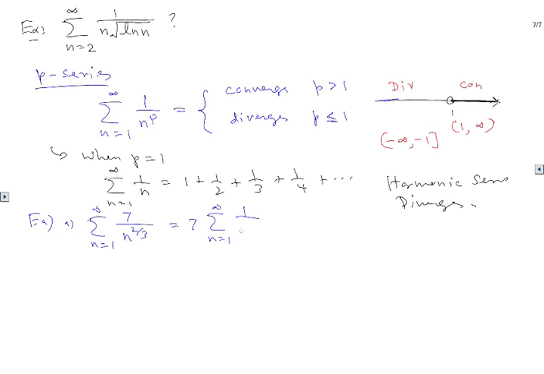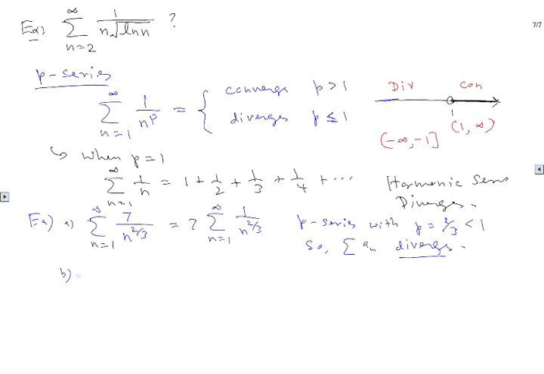Now you can see that this is a p series with p equal 2/3, which is less than 1. So the series diverges. That's the easiest way to do this.